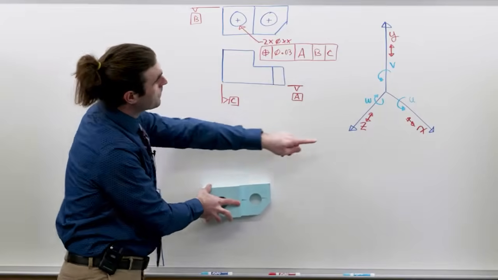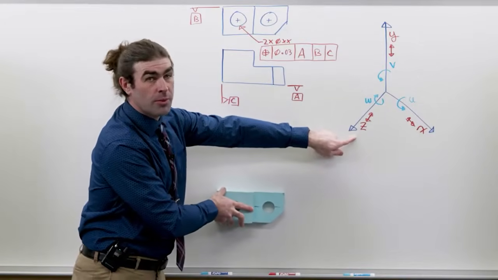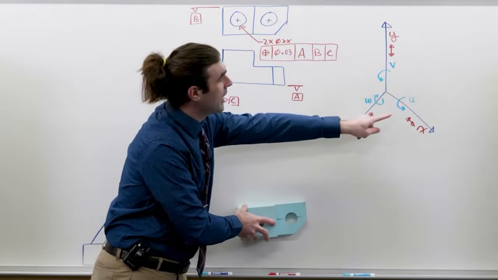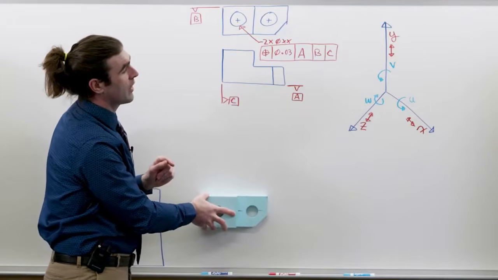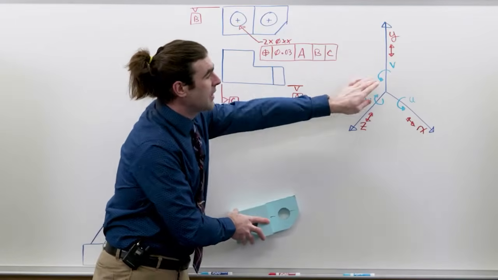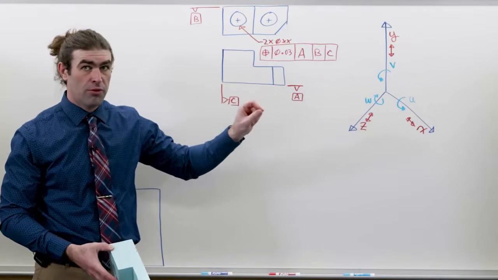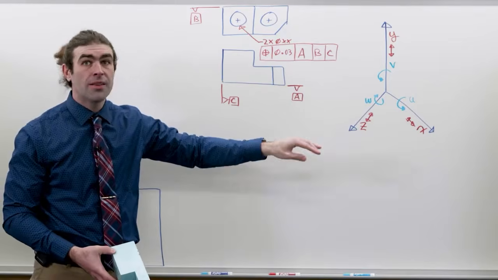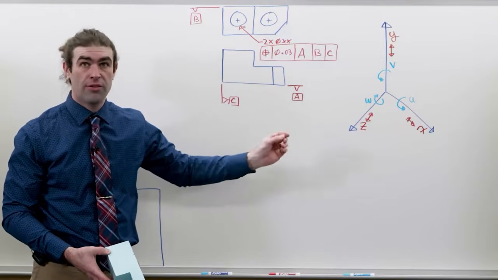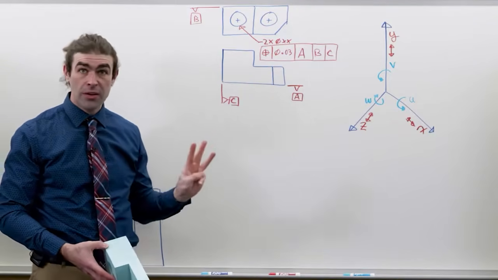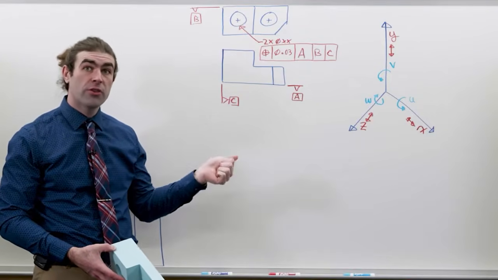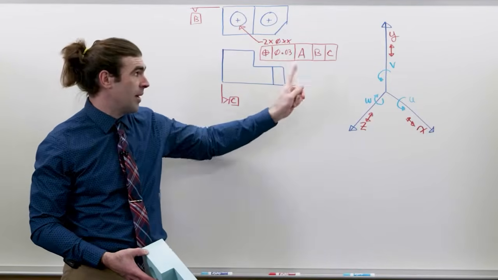So we've taken away the translational degree of freedom in Z. We've taken away 2 rotational degrees of freedom, both V and U. Now, you almost never have to use the U, V, and W. I put them up here. They're just the rotational degrees of freedom. So we've taken away 3 degrees of freedom with our first datum reference, datum A.